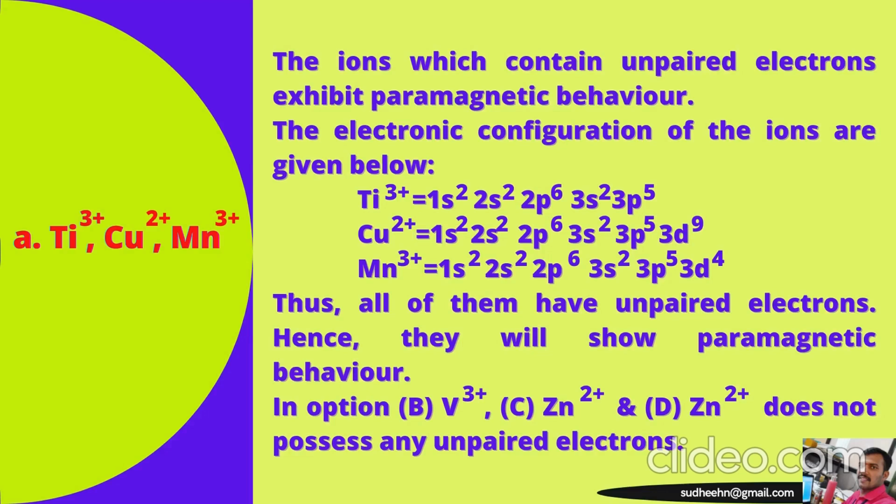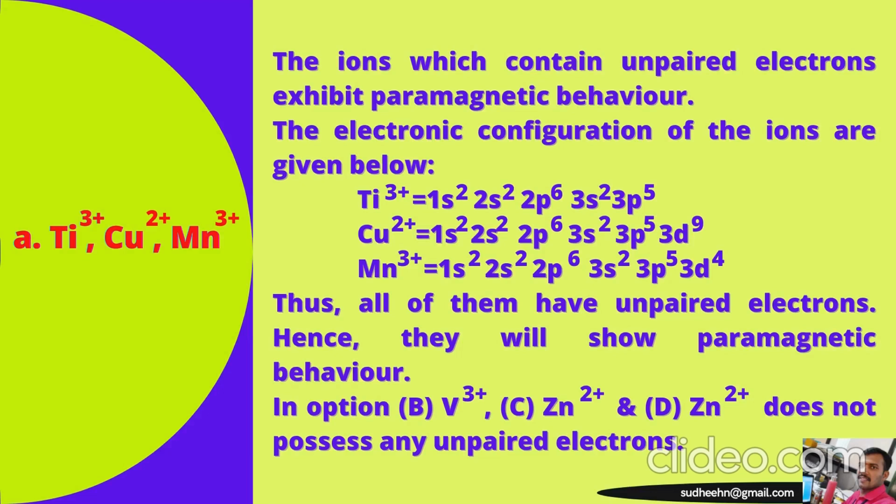For cupric ion, Cu2+, its configuration is 1s2, 2s2, 2p6, 3s2, 3p5, 3d9. And for manganese ion, Mn3+, its configuration is 1s2, 2s2, 2p6, 3s2, 3p5, 3d4. Thus all of them have unpaired electrons, hence they will show paramagnetic behavior.